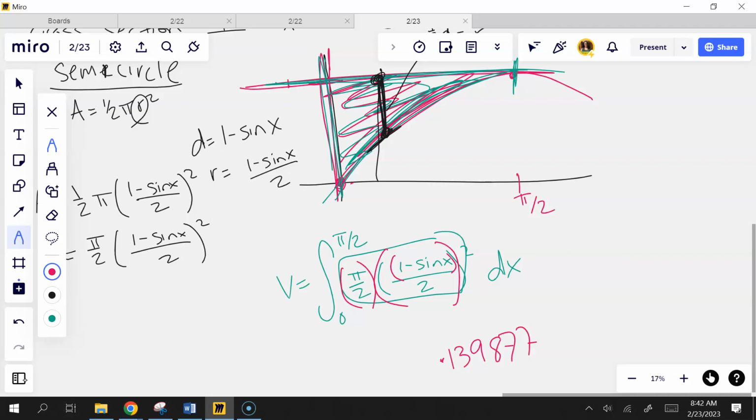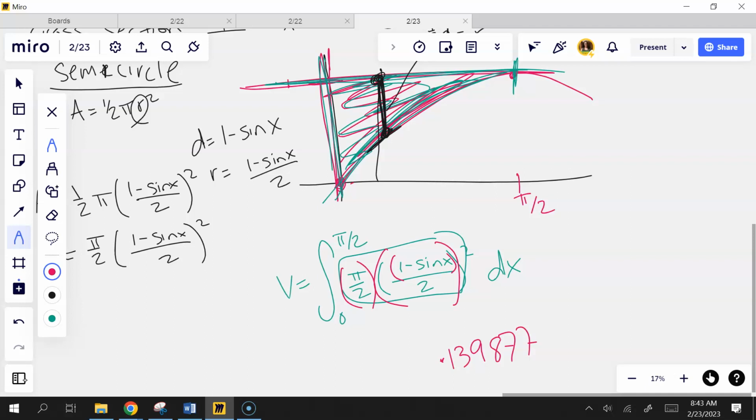Yeah. Let's change this. And let's say, instead of the cross sections perpendicular to the x-axis, let's say that the cross sections are perpendicular to the y-axis. What happens?